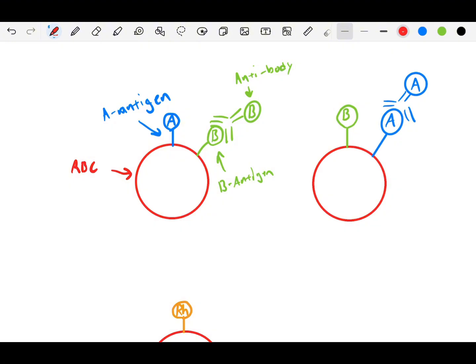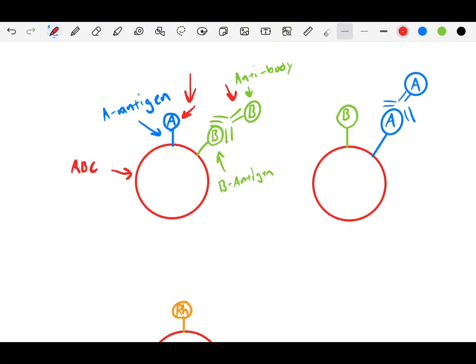All right, so let's go ahead and break this down. So this example I have right here, this represents an individual who has type A blood. And how exactly do we know that? So for someone to have type A blood, that means they are expressing the A antigen on the surface of their red blood cell. Now, here's an important thing to know, that if someone has type A blood, it also means that they have the anti-B antibody circulating in their blood.